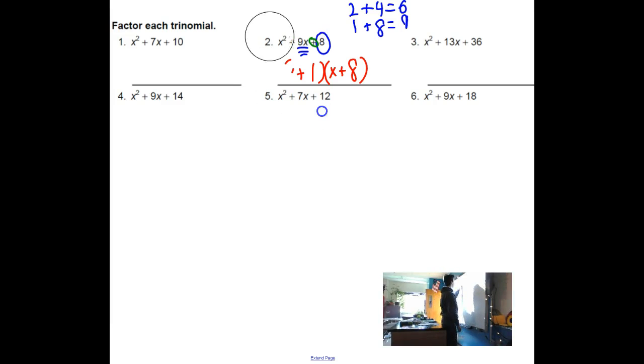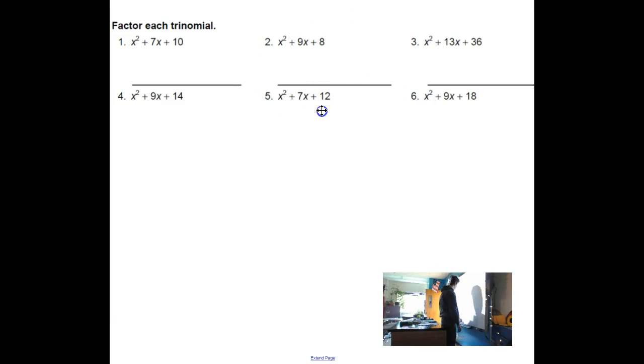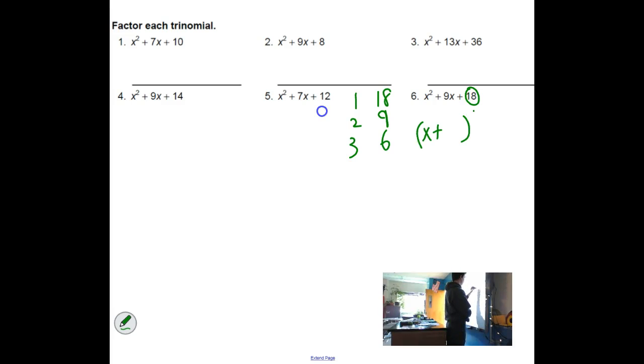Alright, I'm going to do another example. Let's do number 6. First step, look at that term and write down all the factors of 18: 1 and 18, 2 and 9, 3 and 6. Write down my x plus.